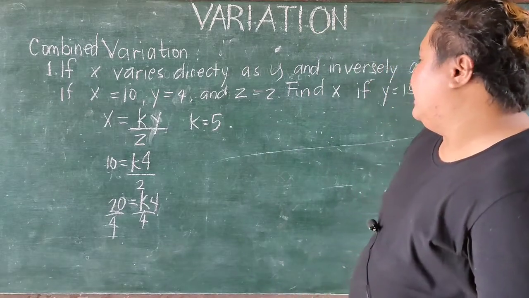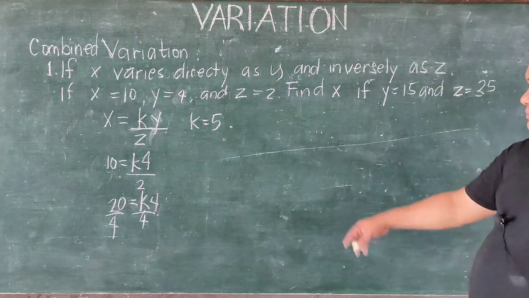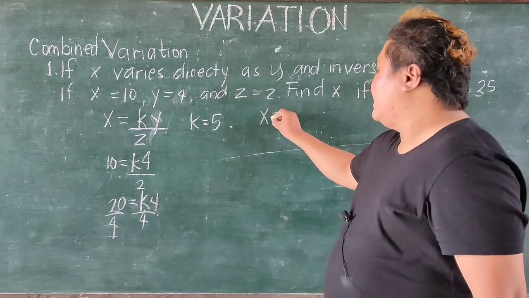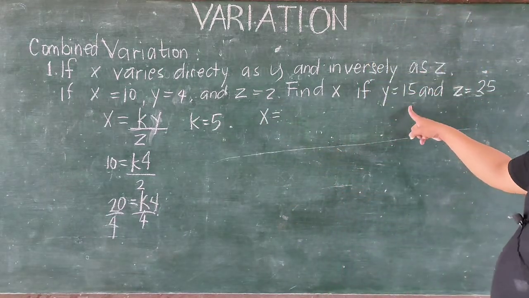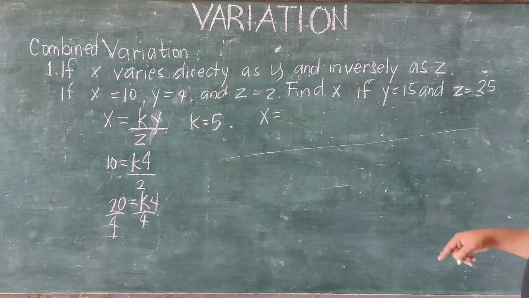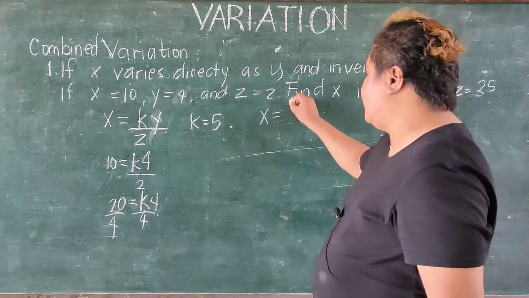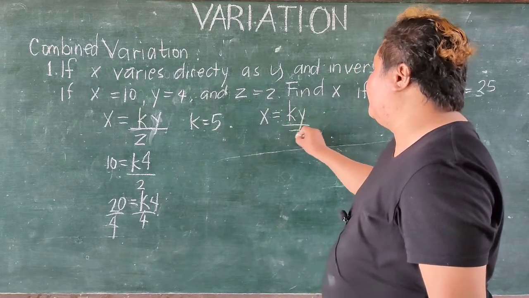And now, let's find x if y is equal to 15 and z is equal to 25. So we use the same formula, which is x is equal to k y over z.